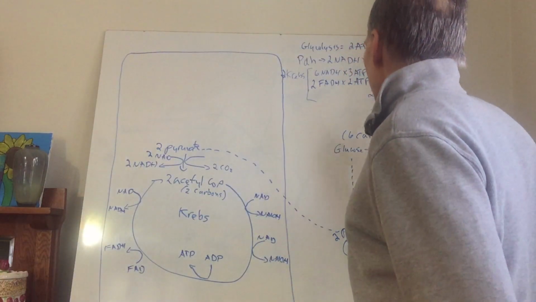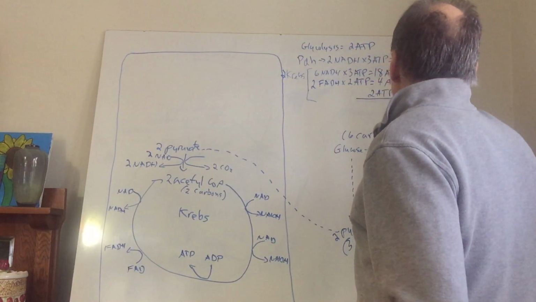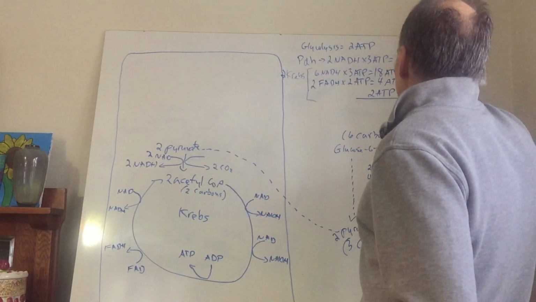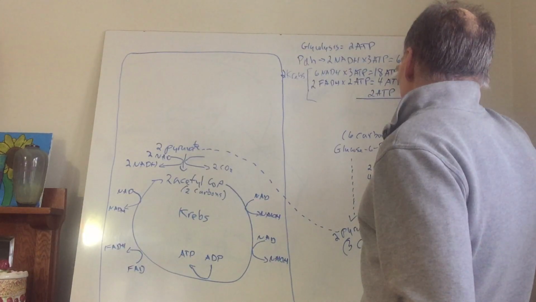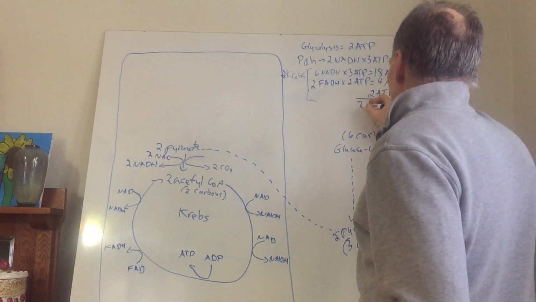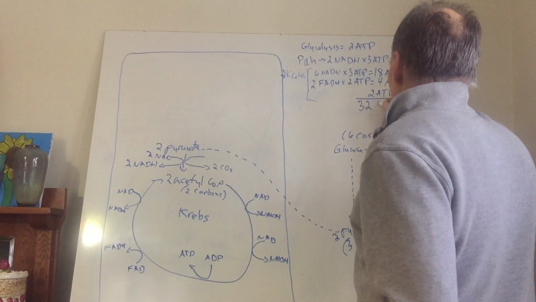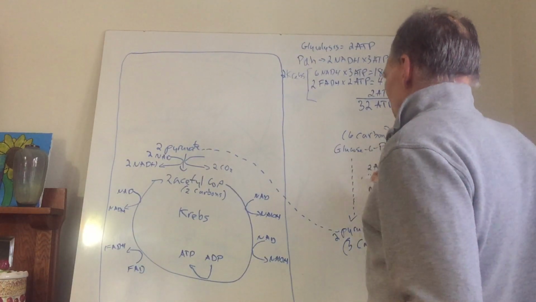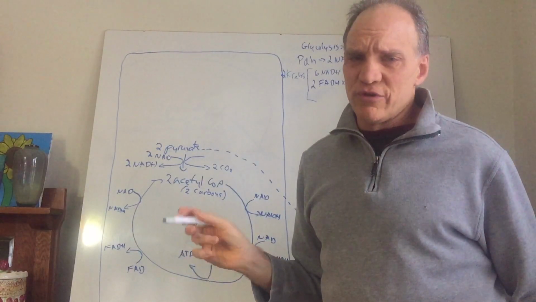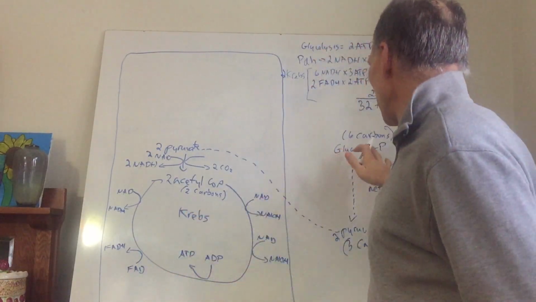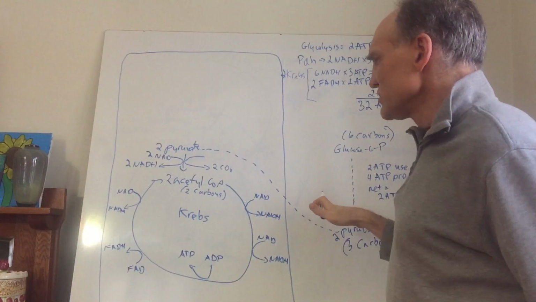Now if we add up our ATPs, we're going to end up with 8 plus 18 is 26, 30, 32 ATPs. You probably know that you produce about 36 ATPs from the breakdown of 1 molecule of glucose.